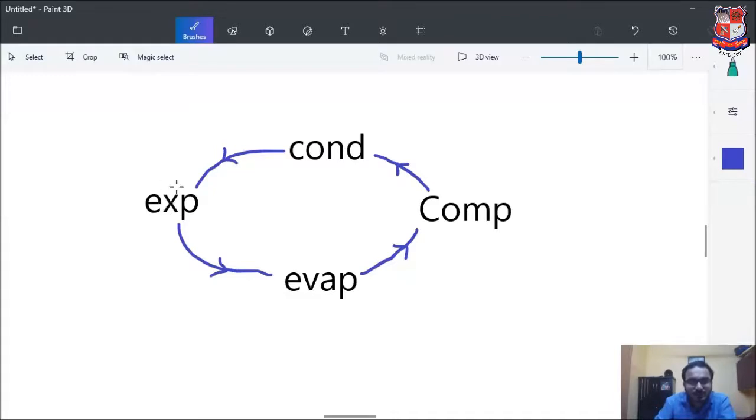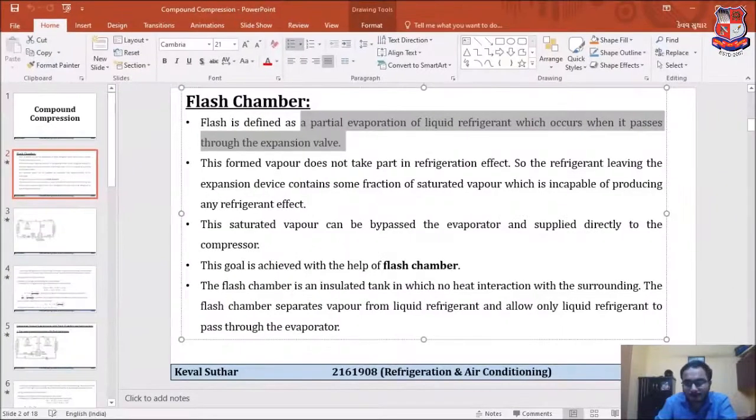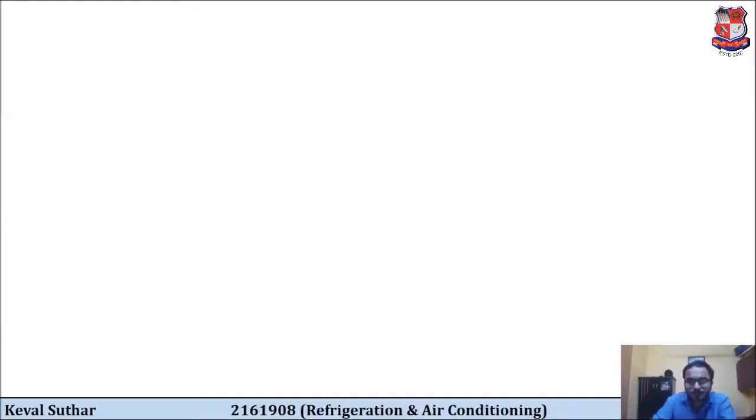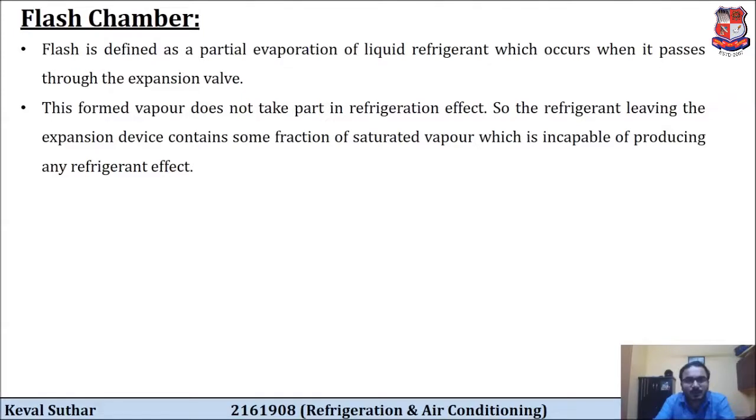However, during this expansion process some vapor will be generated which is not useful because it has already been converted into vapor, so evaporation cannot take place. So this is called flash. This formed vapor does not take part in the refrigeration effect.